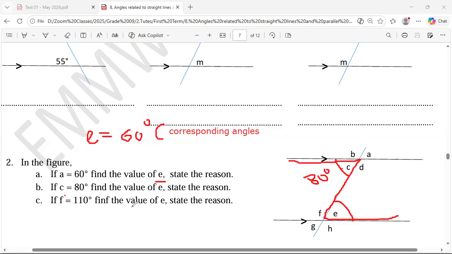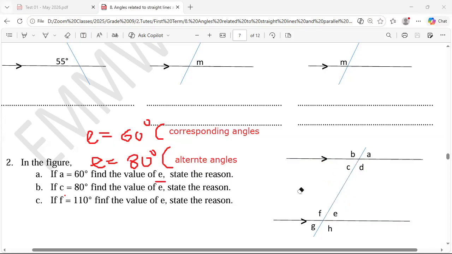So E is equal to 80 degrees. Reason: alternate angles. Okay, that part is over. Then what we have? If F is equal to 110, what is F?